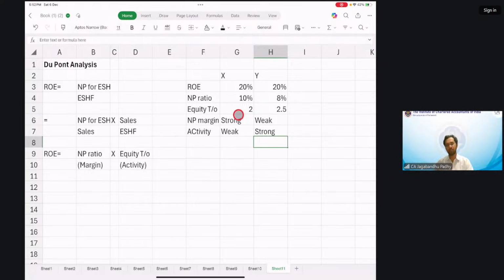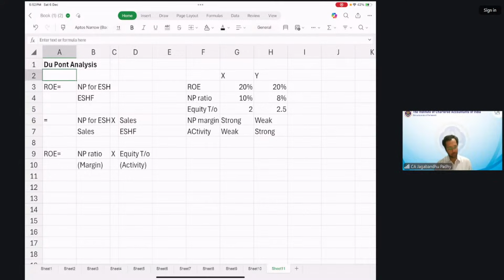Whereas company Y should work on reducing its cost, which will ensure that the net profit margins are at a higher level. Got it, guys? So that's your return on equity being classified into two parts.